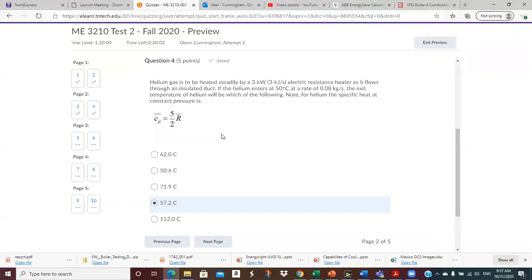The exit temperature of the helium will be the following. Note for helium, the specific heat at constant pressure, C sub P with a hat on it because it's a molar value, is 5/2 or 2.5 times the universal gas constant. So we'll have to use that.